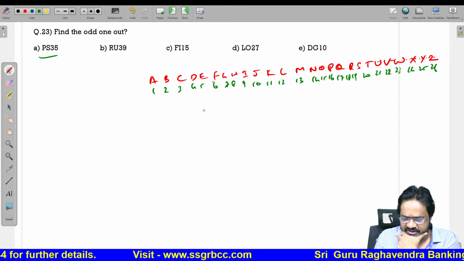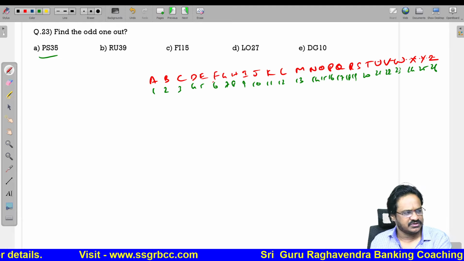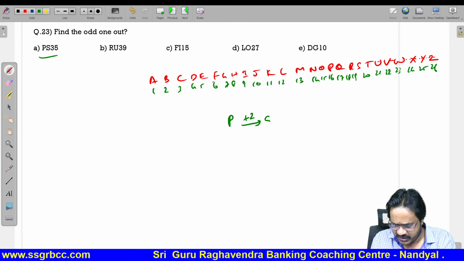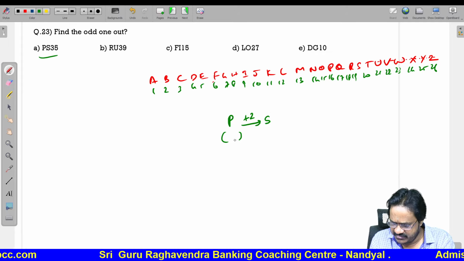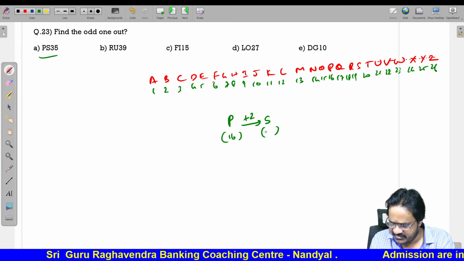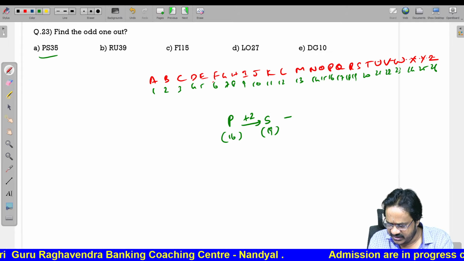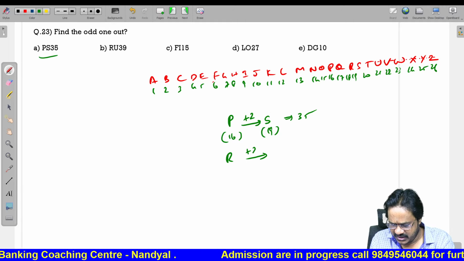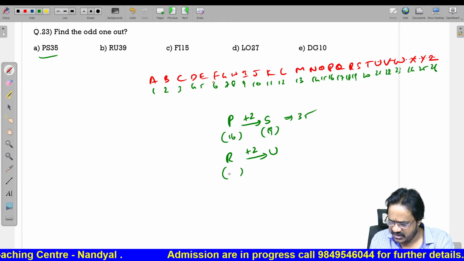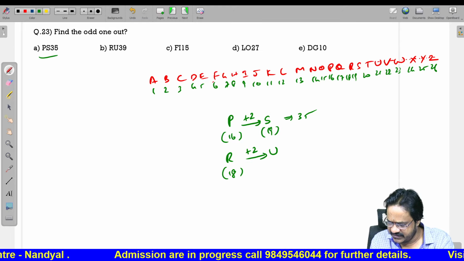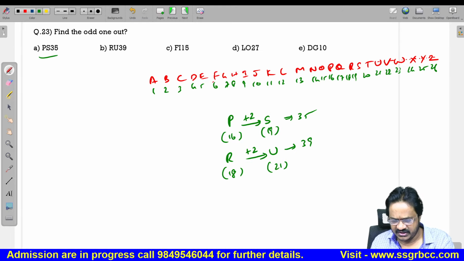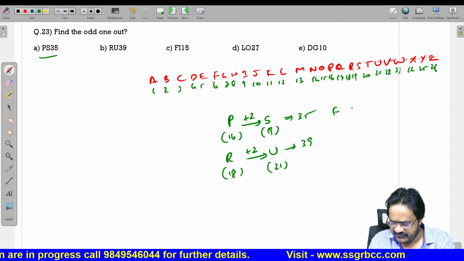Now PS 35. After P, QR 2 gap, S. P number is 16, S number we will get 19, total 35. Similarly RU 39. R, S, T, U means R number is 18, then U number is 21, total 39. Similarly FI 15.